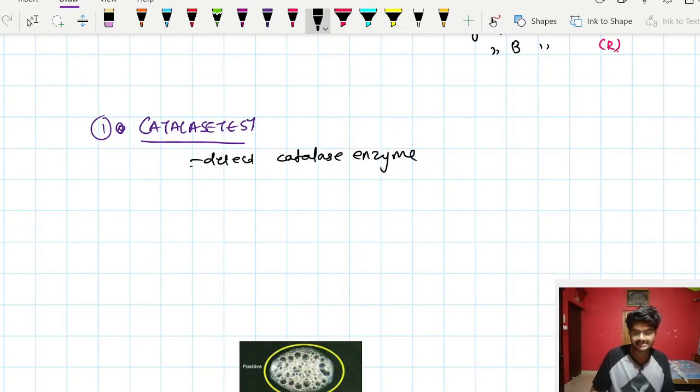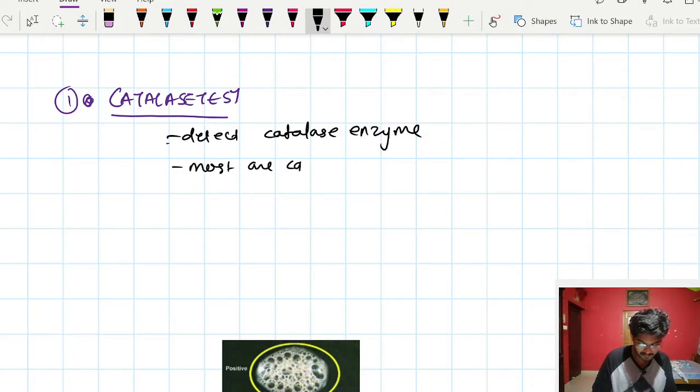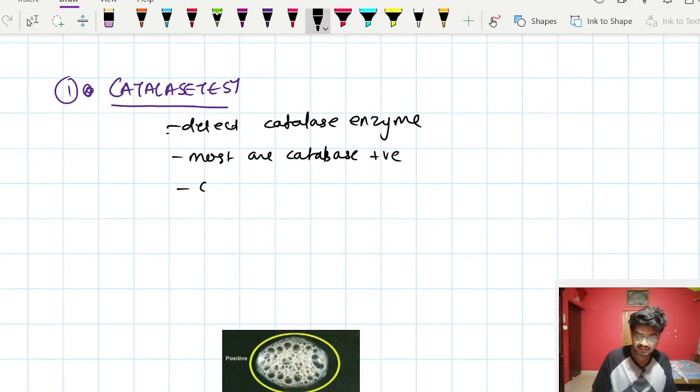If a bacteria has the catalase enzyme, then the bacteria is catalase positive. If it doesn't have catalase, then it is catalase test negative. Usually most are catalase positive, so let us discuss some exceptions that are catalase negative.